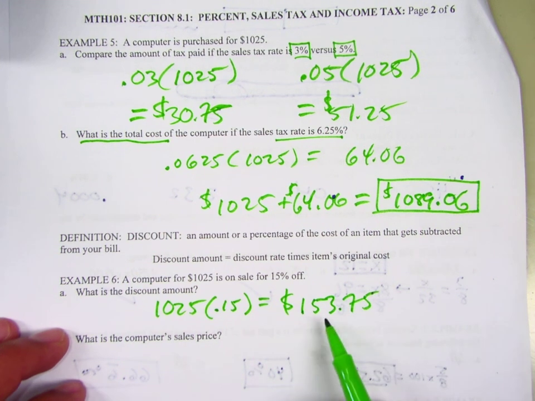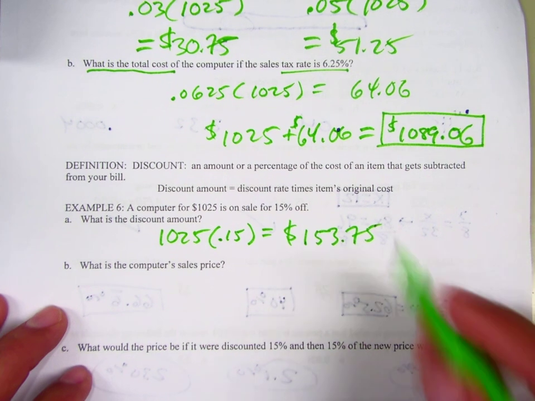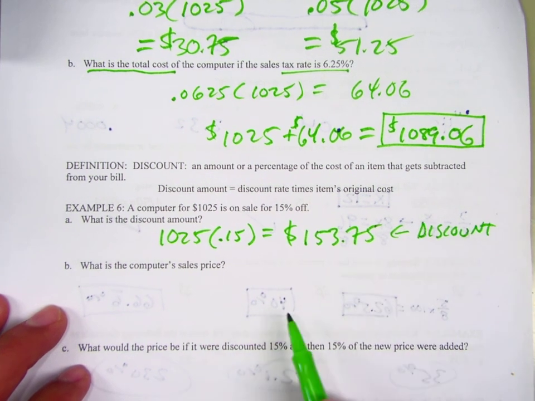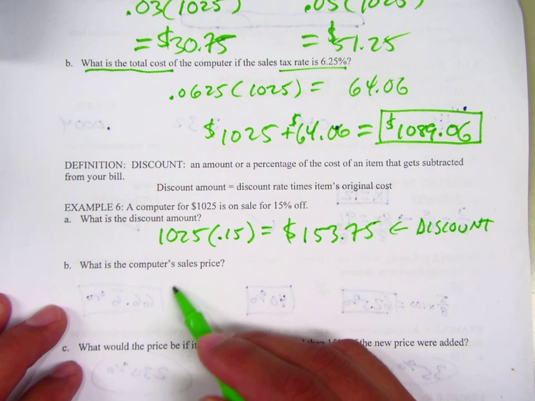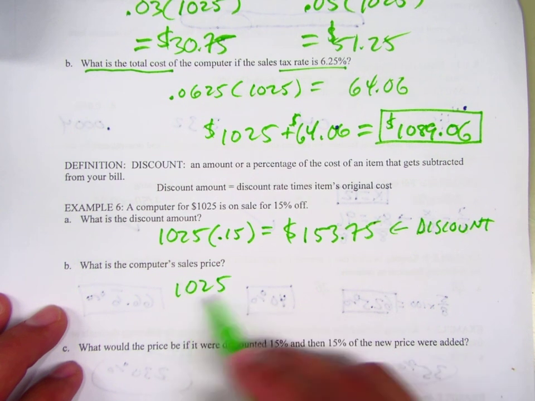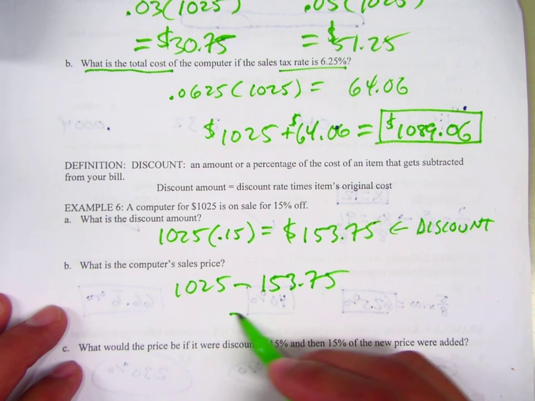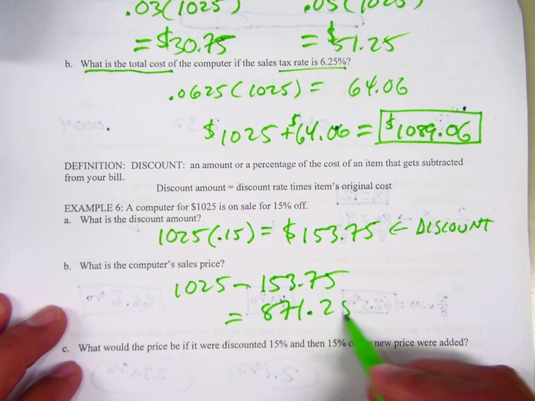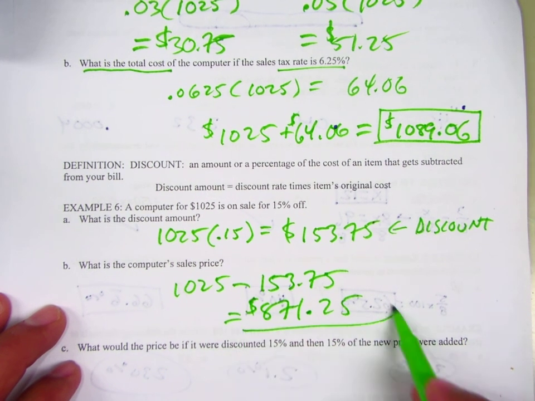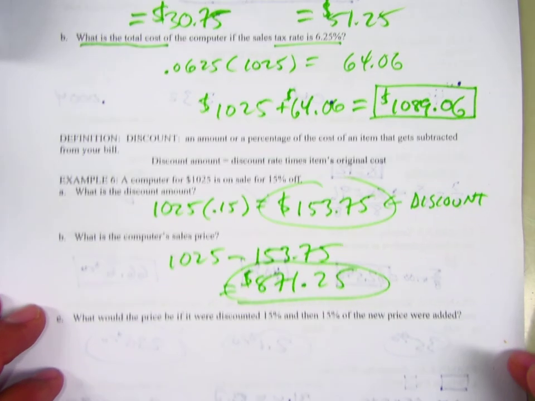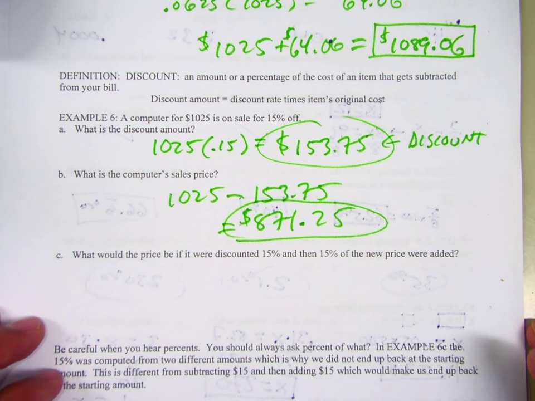So that's the discount. The sales price then would now be, and you're getting that by 1025 minus the discount, right? Very good. So 871.25. So there's the sales price, there's the discount. Okay, and then the final thing we want to end with is just kind of think about what this is saying and why this is important.